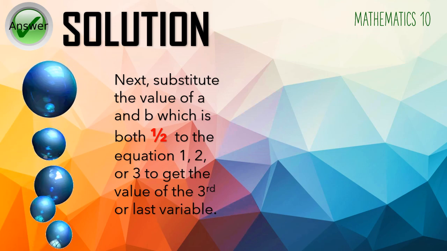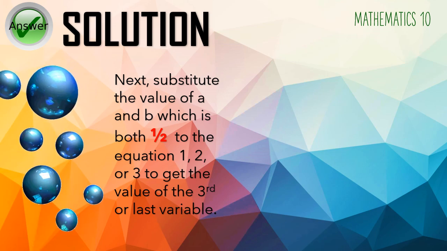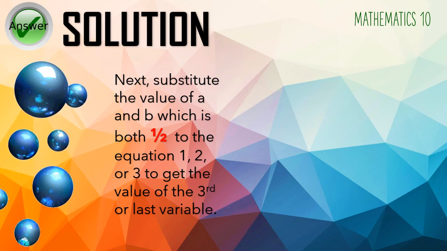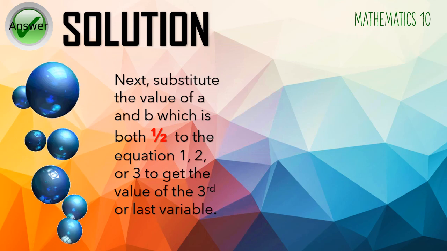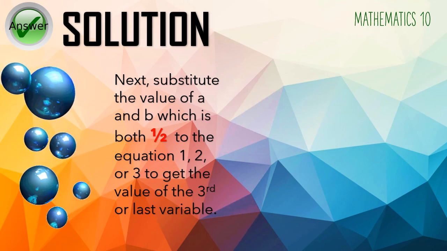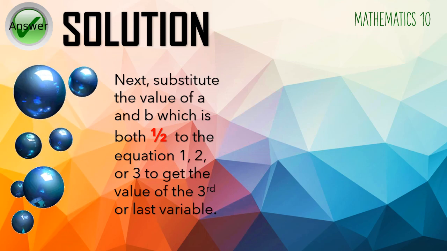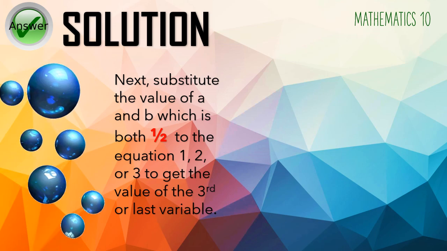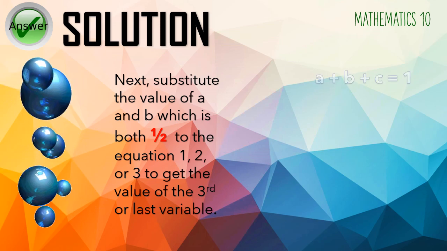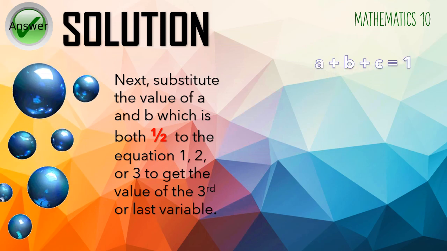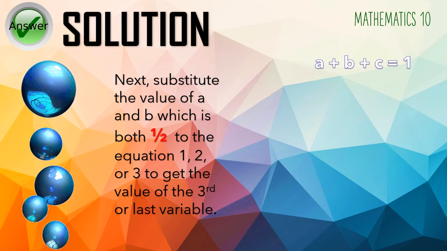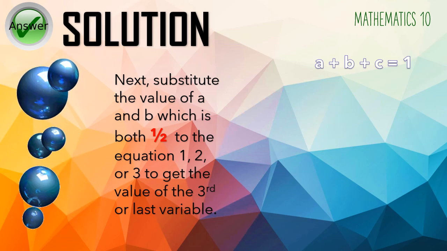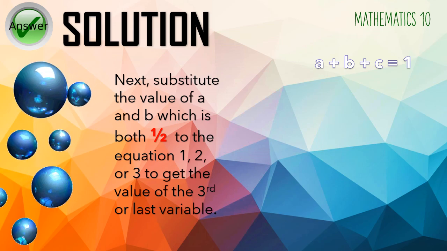It's your choice which one you are going to use. But my tip again is to use the equation wherein the numerical coefficients are lower compared to the rest of the equations, so you can easily do the basic operations. So I'm going to use equation 1: a plus b plus c equals 1. It's not that complex for us to do the process.